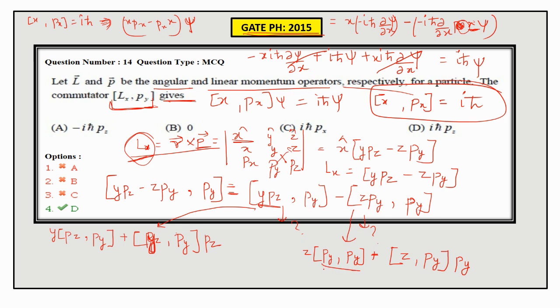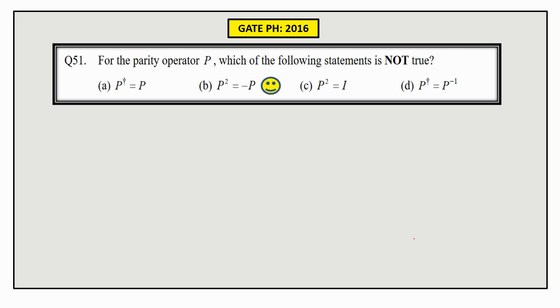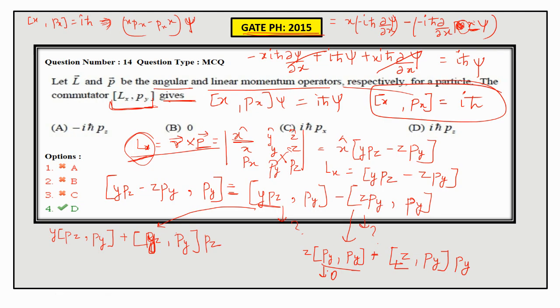Here you can see this is 0 clearly, and [z, py] is also 0. These are commutator relations. This is also 0. So only [y, py], [z, pz], [x, px] have the value iħ. Others are 0.